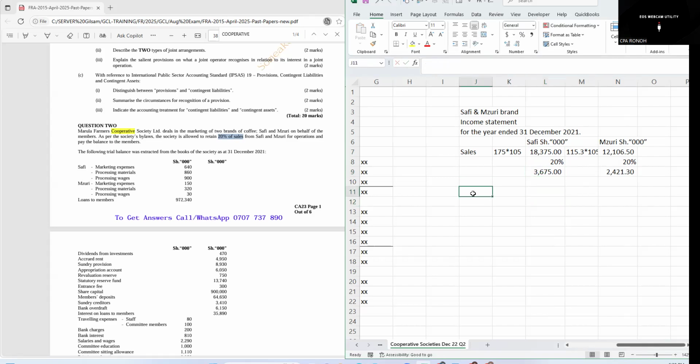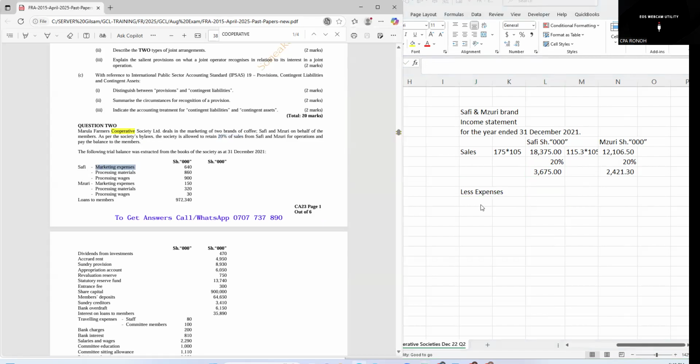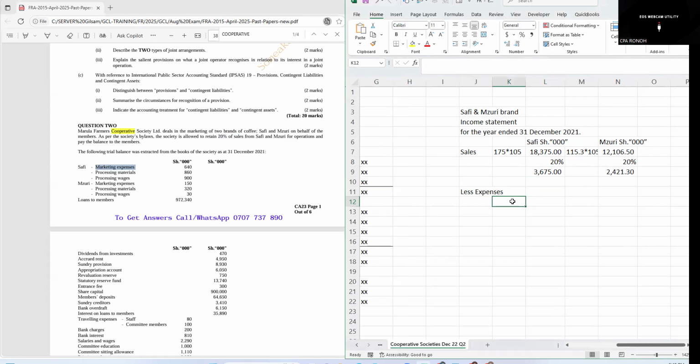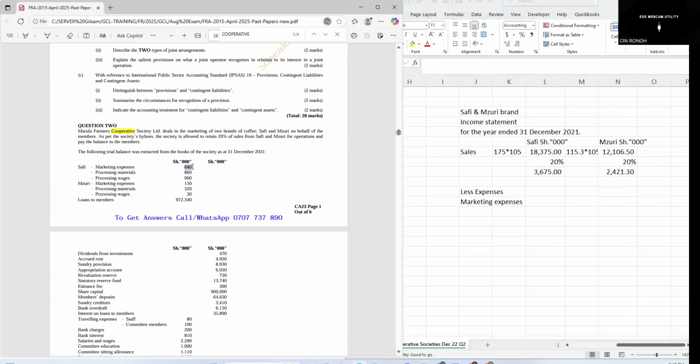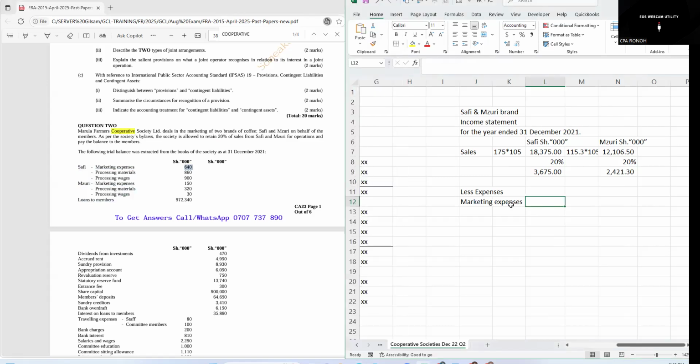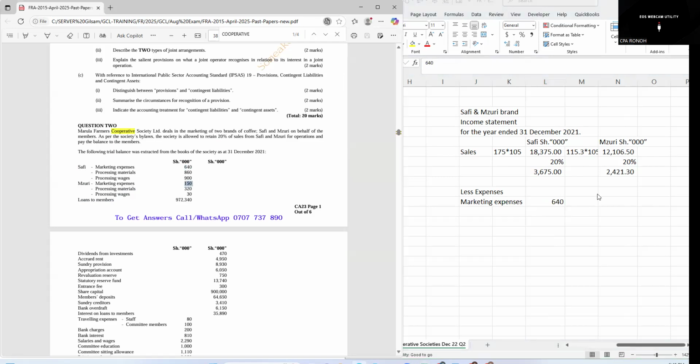So let's do less expenses. Expenses we have been given here. We have marketing expenses. For Mzuri, 640, and the other one is 150.